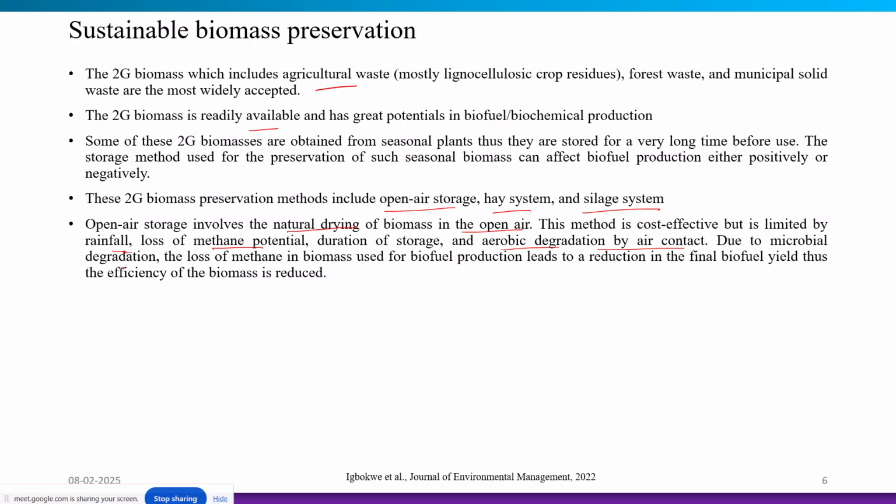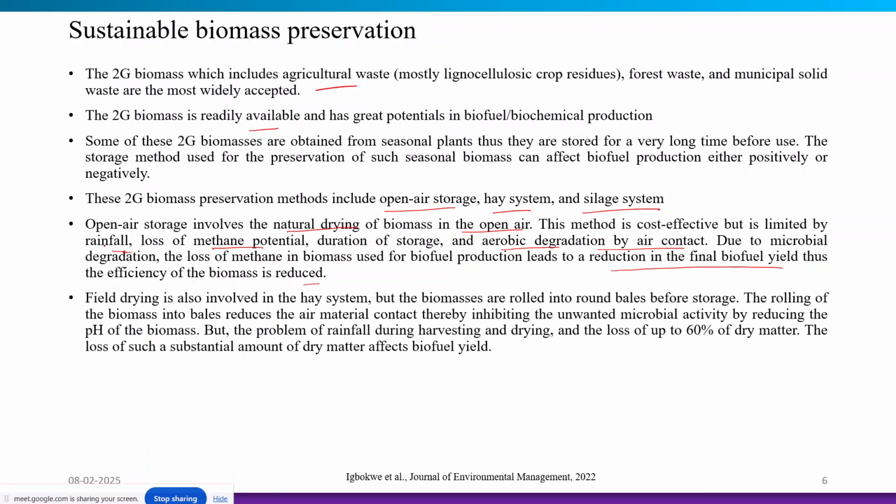Due to this microbial degradation, there will be loss of methane from the biomass, which could be further utilized for biofuel production. This loss of methane may lead to a reduction in the final biofuel yield. Thus, the efficiency of the biomass will be reduced.